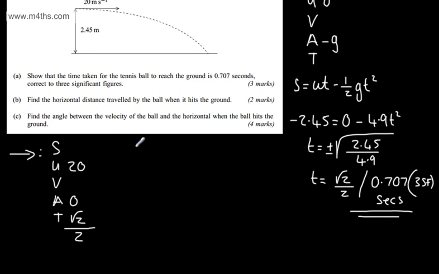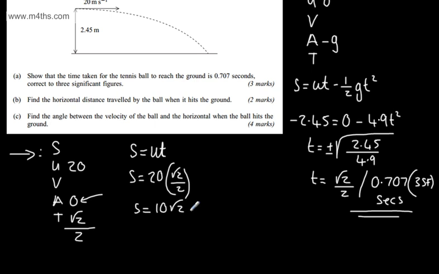So the horizontal distance is given by s is equal to u multiplied by t. This is from s is equal to ut plus 1/2 at squared, but of course, as we saw in the last video, acceleration is 0, so we can simply say that s is going to be 20 multiplied by root 2 over 2, so s is going to be 10 root 2.